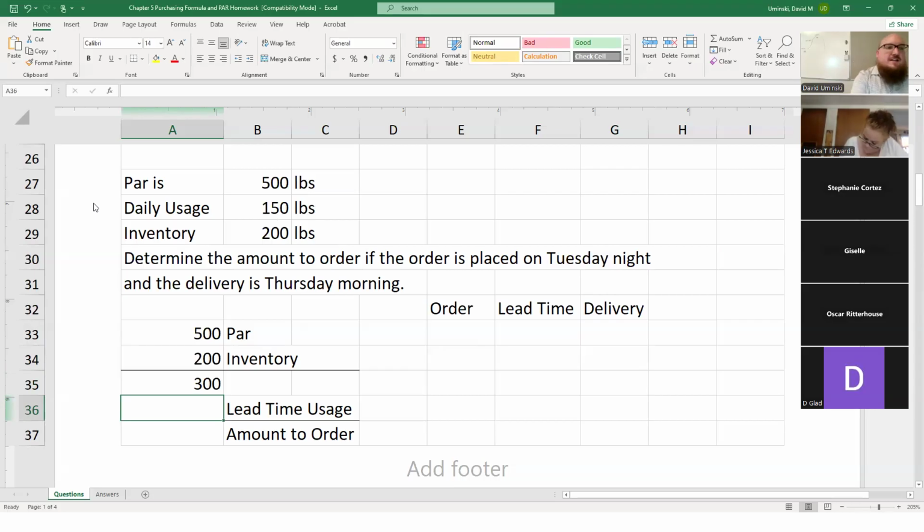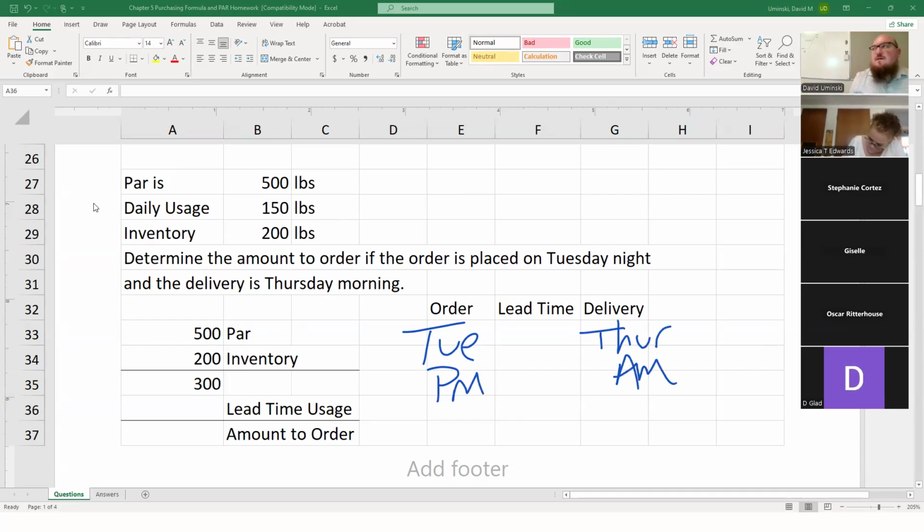Okay, if our order is placed on Tuesday night, so Tuesday PM, and it's delivered on Thursday AM. What's between Tuesday and Thursday? Wednesday. Perfect.